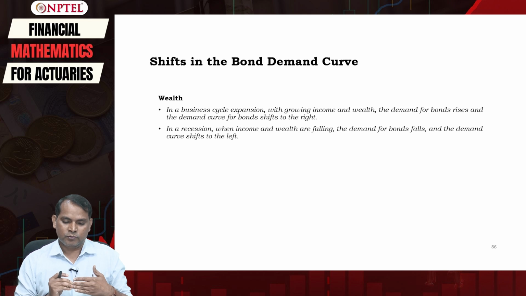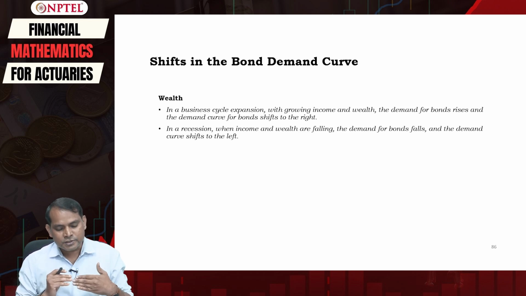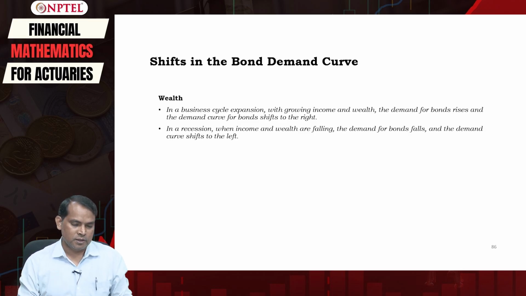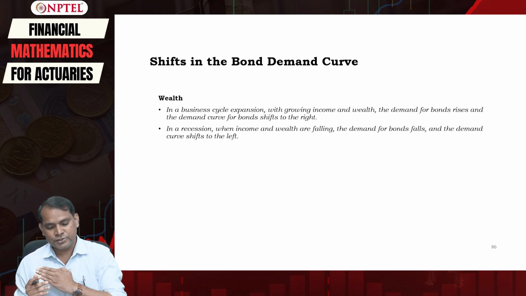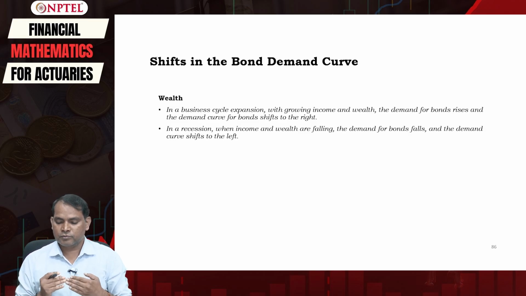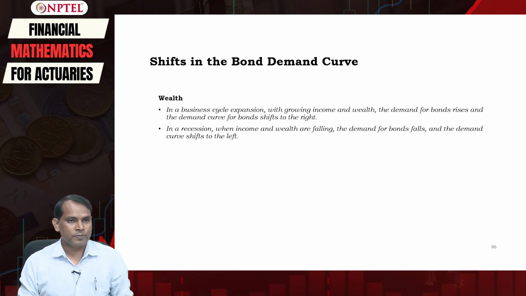So we expect that in the business cycle expansion period, the demand for bond will be higher. But on the other hand, in a recession, when income and wealth are decreasing, the demand for bond usually falls, right? And the demand curve therefore will shift to the left.